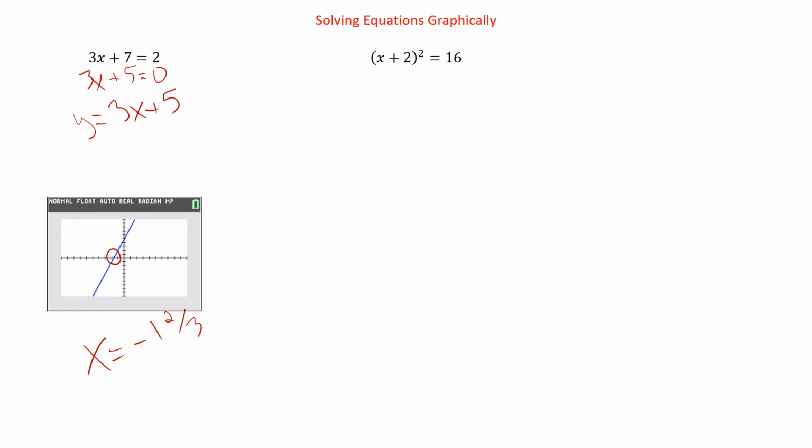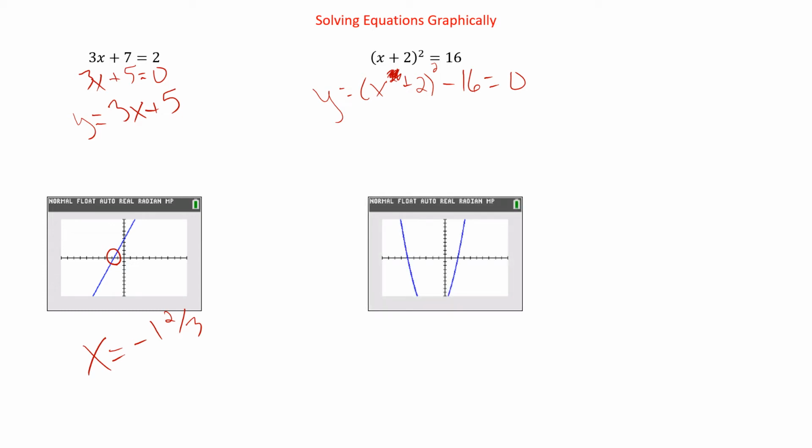But generally speaking, making it x plus 2 squared minus 16 equals 0, and then just making it y equals x plus 2 squared minus 16. You don't have to distribute it out. It can be just right there. We can graph that to get the quadratic. If we zoomed out, we would see the bottom part of the quadratic there.